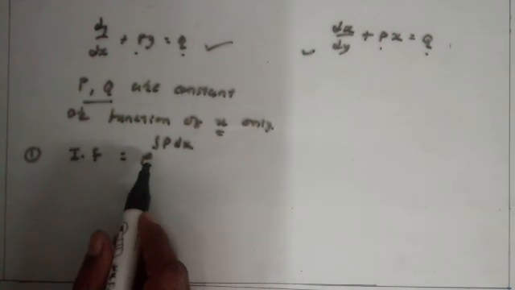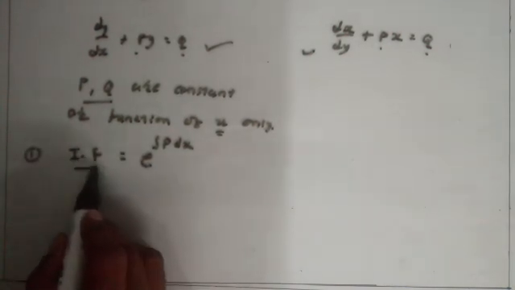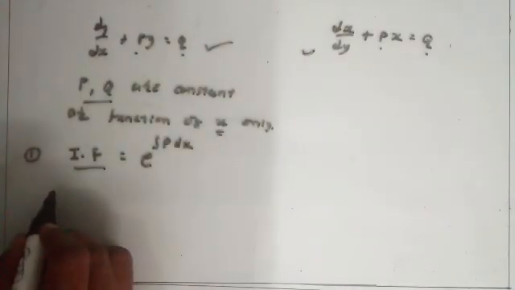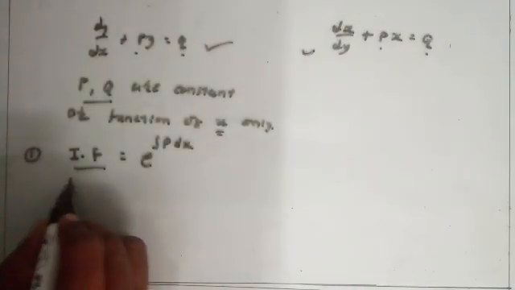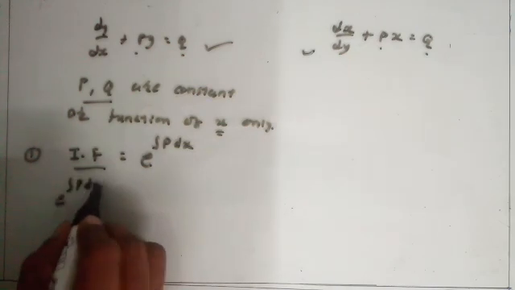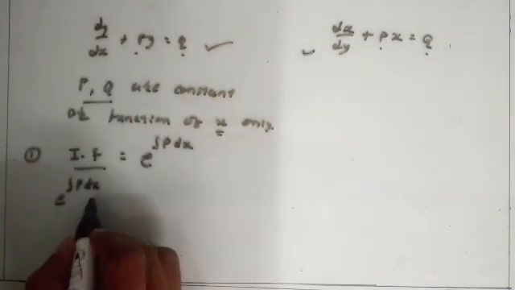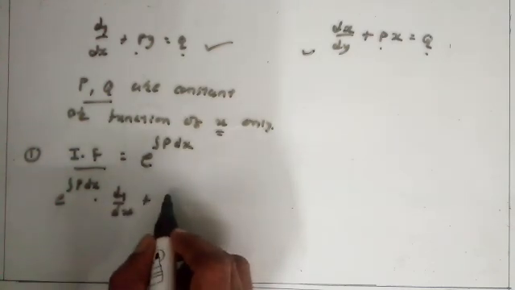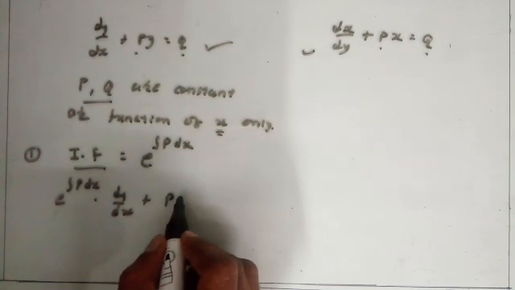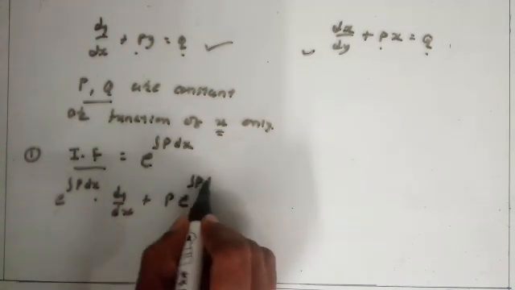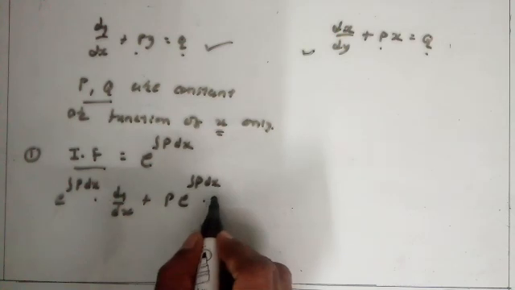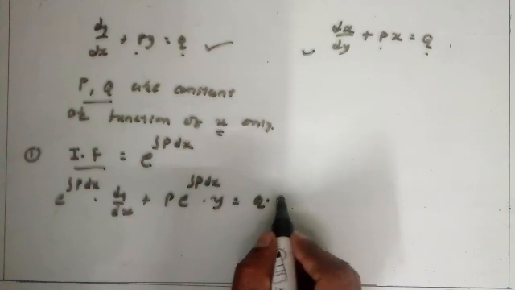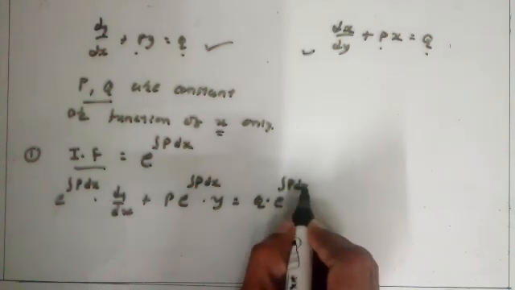Now multiplying by this integrating factor IF on both sides, we get e raised to integration p dx into dy/dx plus p into e raised to integration p dx into y is equal to q into e raised to integration p dx.